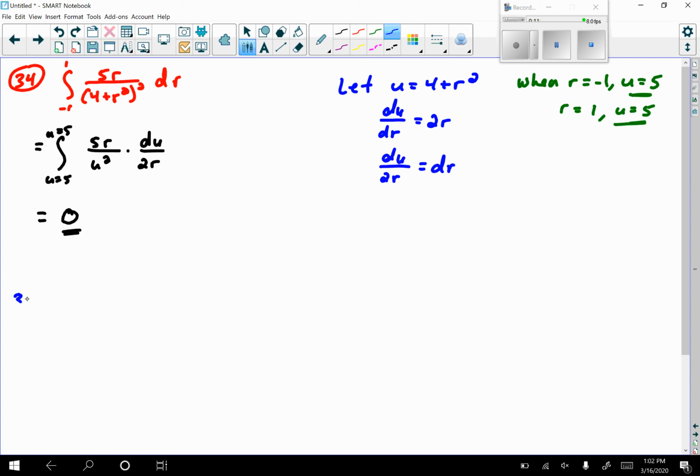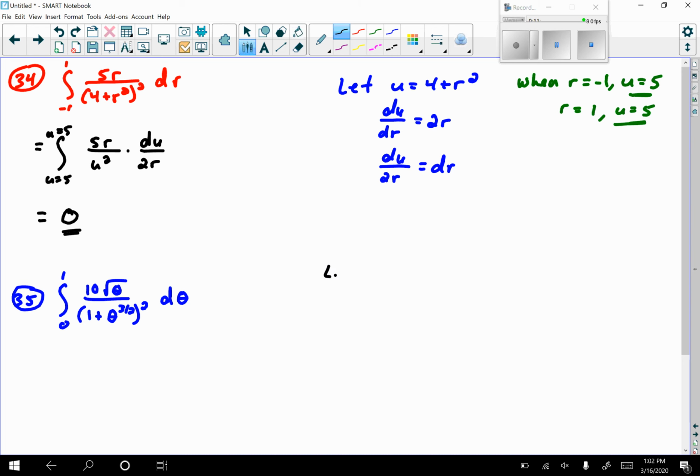Okay, looking at 35. Integral 0 to 1, 10 radical theta over (1 plus theta to the 3/2) squared d theta.